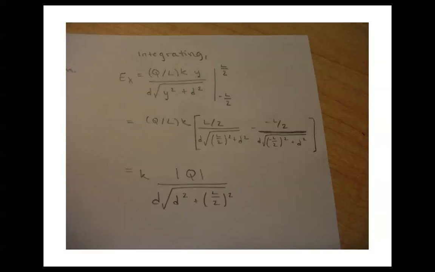This all equals k times the absolute value of q, because q was the positive charge on the positive rod, divided by d times the square root of d squared plus L over 2 squared.